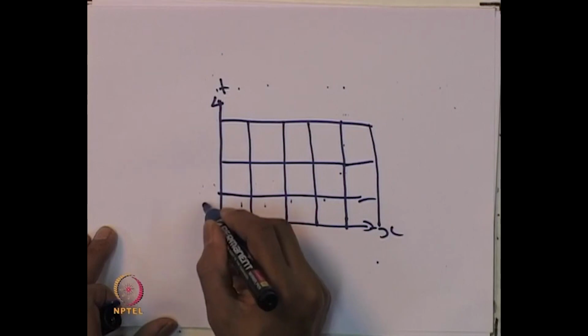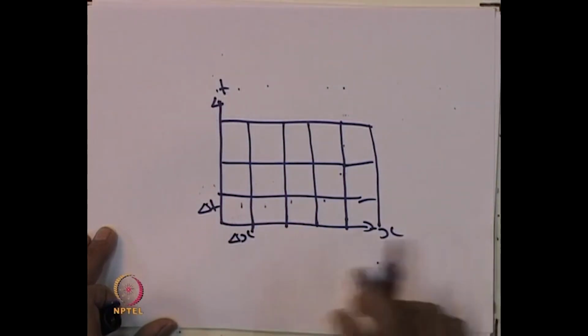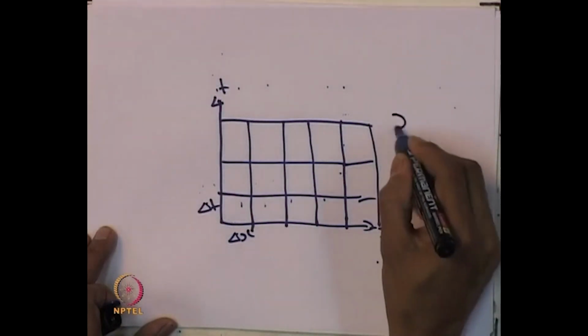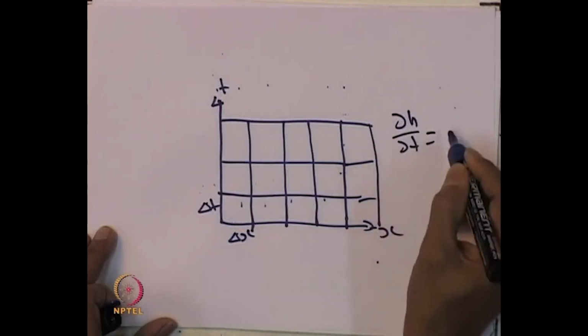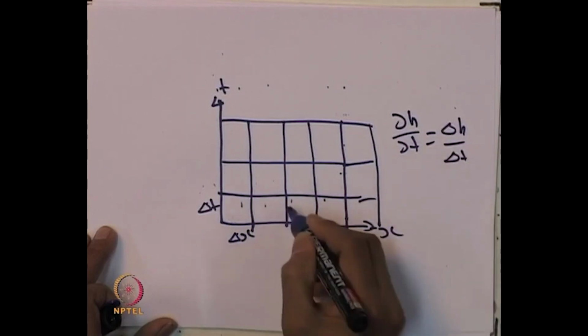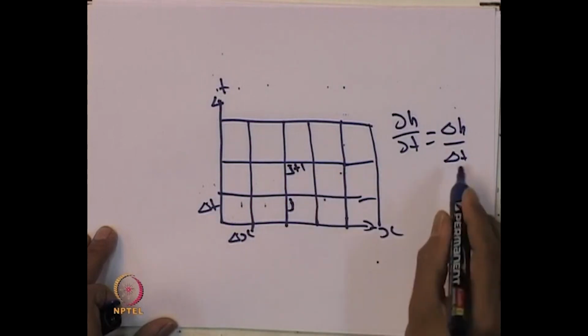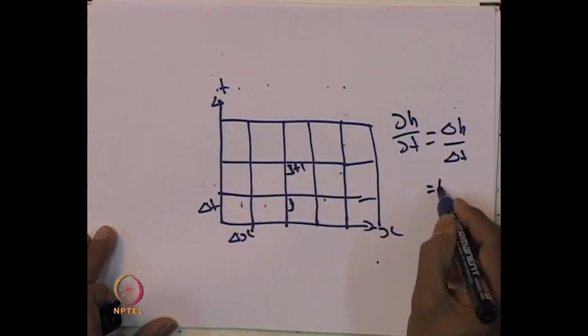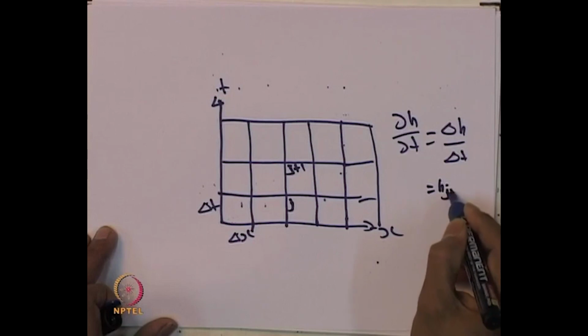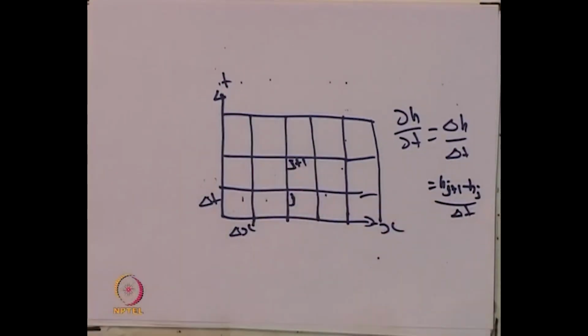So this will be delta t and this will be delta x. We can then represent delta h by delta t, if we consider this as j and this as j plus 1, as h j plus 1 minus h j divided by delta t. These details we will discuss further.